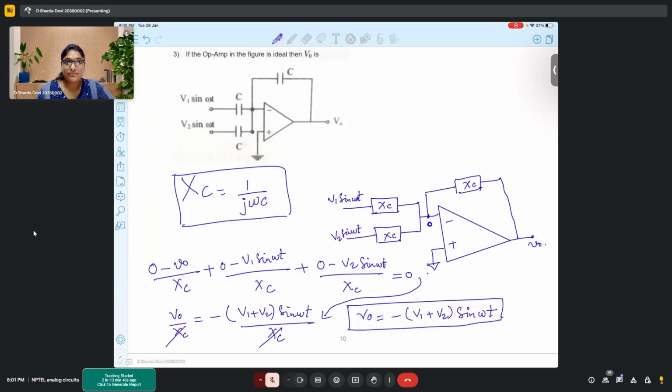Ma'am, I have a doubt, ma'am. Can we interchange the positive and negative inputs of the op-amp, ma'am? Or is it like we have to keep the negative on the top side or the positive on the bottom side, ma'am? See, positive, negative, you can draw top and bottom.